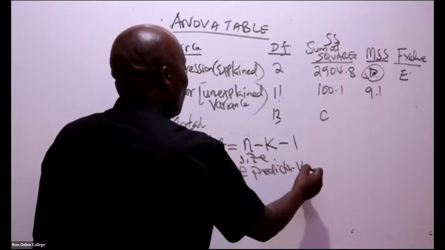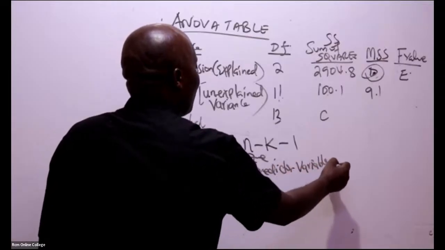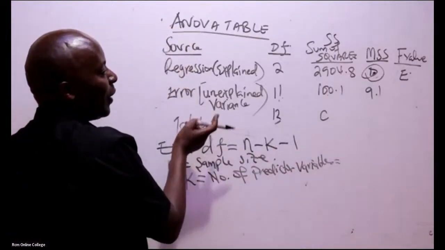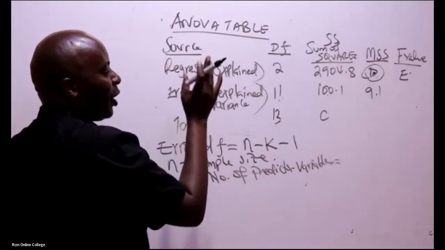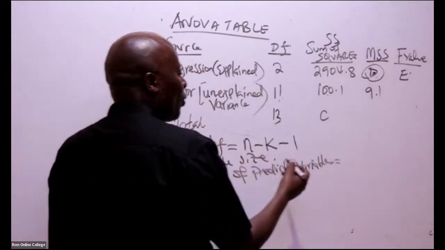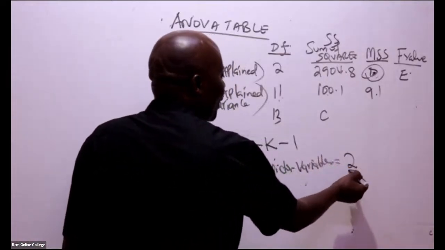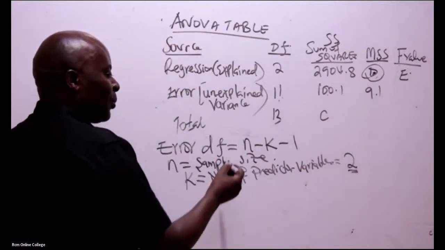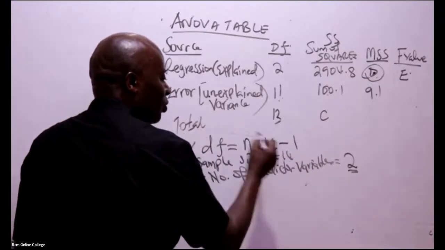In our case, we had x1 and x2, so the number of predictor or independent variables was 2. And the sample size is 14.